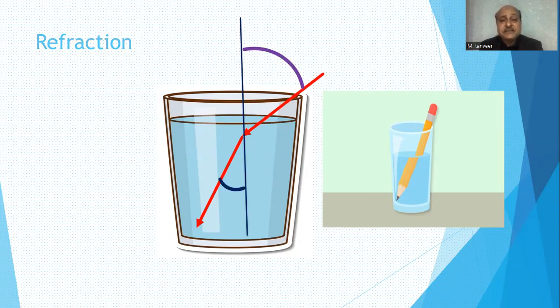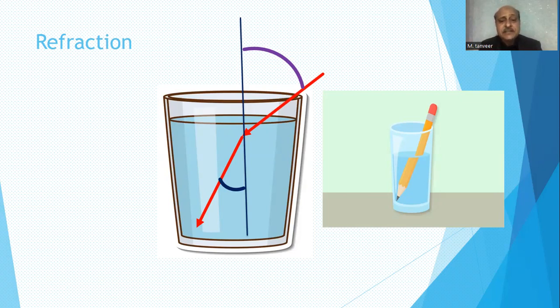When you measure, these angles are not the same. In laws of reflection, you have studied that the angle of incidence is equal to the angle of reflection. But in case of refraction, the angle of incidence and refraction are not equal, since the ray is bending towards the normal. When it enters from a less dense medium, whose density is less, to a medium whose density is more, it bends towards the normal.